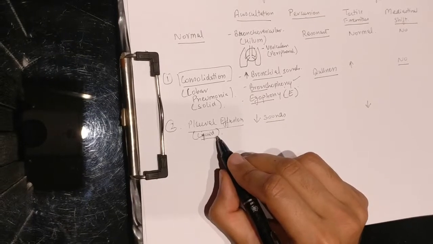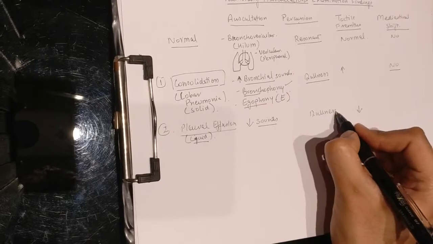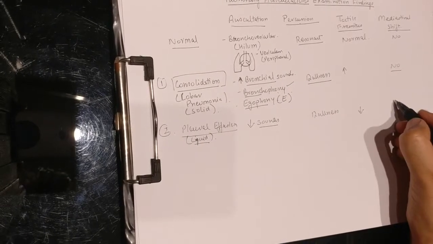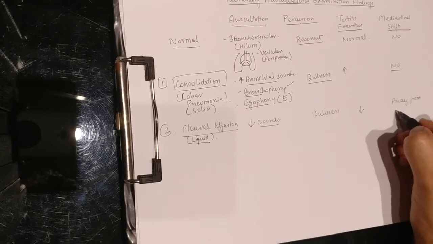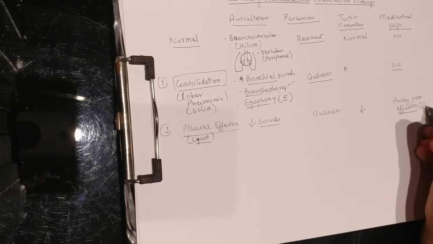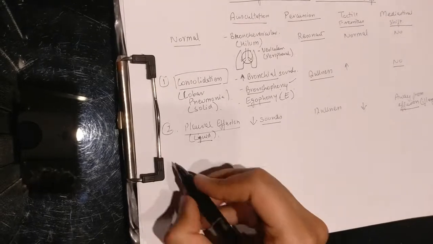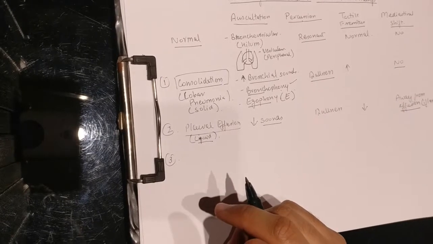They are poor conductors of sound, so there will be dullness, and mediastinal shift would be away from the effusion if large. So this was the only liquid that we'll discuss.